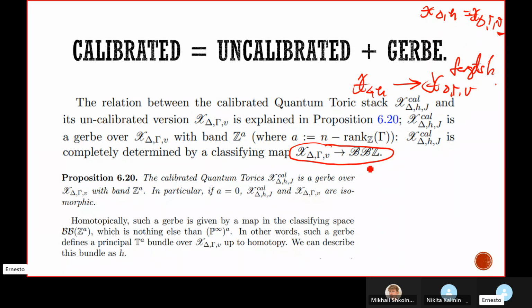It's actually a gerbe that has the same amount of information as a circle bundle.